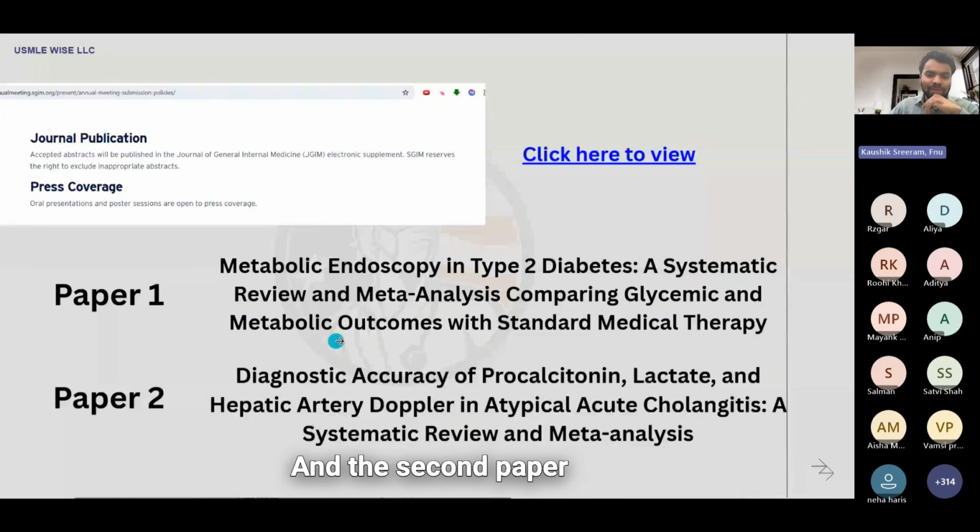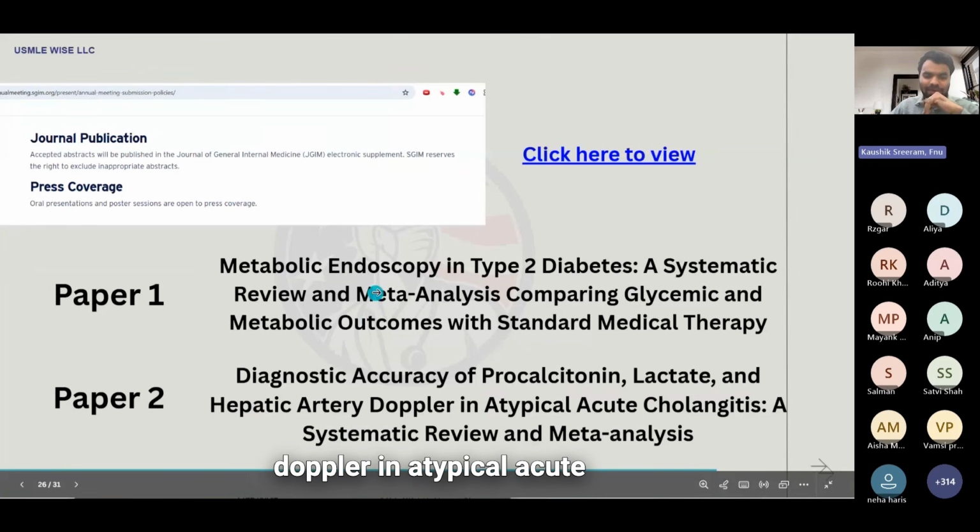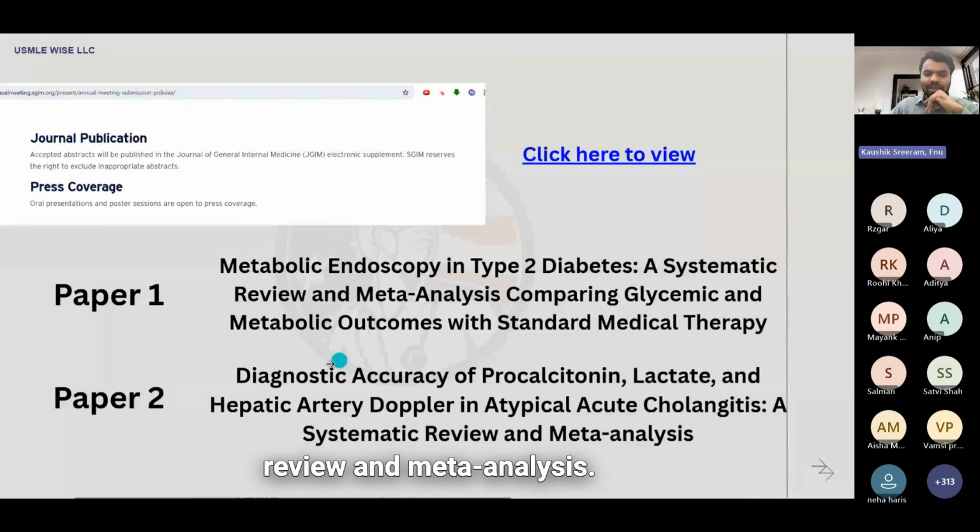And the second paper is about diagnostic accuracy of procalcitonin, lactate and hepatic artery Doppler in atypical acute cholangitis, a systematic review and meta-analysis. Now, this is being led by one of the residents in the US, and they are going to submit the paper.